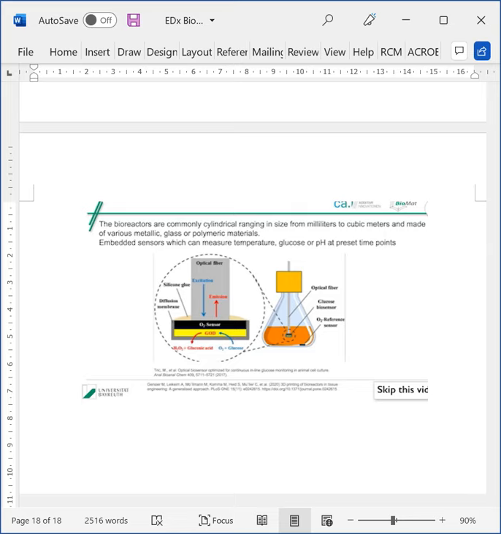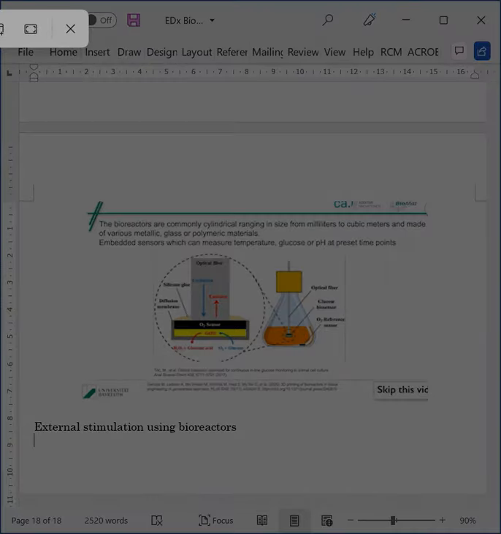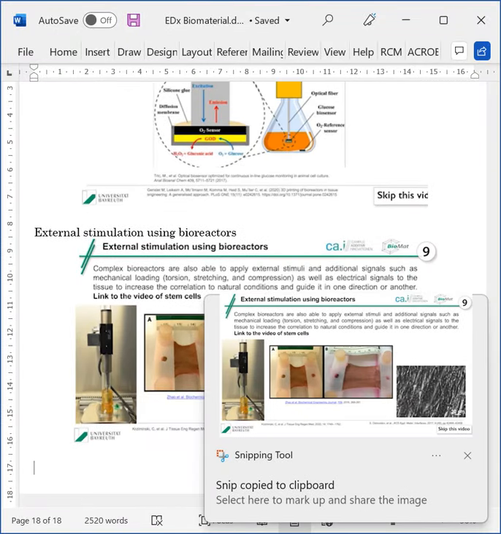We can also integrate some actuators into the bioreactors. Can you give us an example? Yeah, exactly. Depending on the type of tissue we are growing inside the bioreactors, we can also apply a similar loading to what they experience in the body. For example, if we have cells from bone tissue, we can apply compression, or we can let them stretch inside the bioreactor like skin tissue, or like neurons and muscle cells.